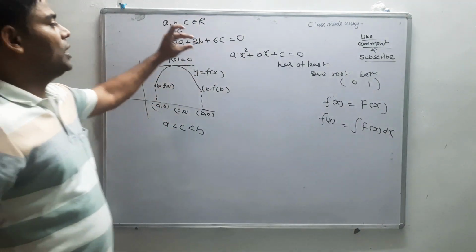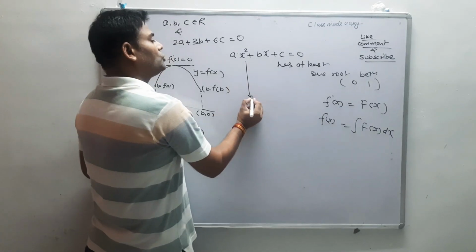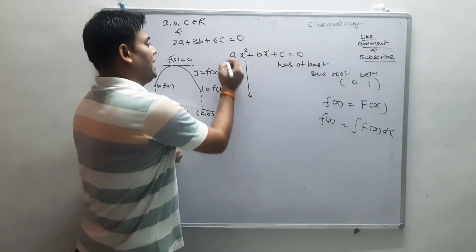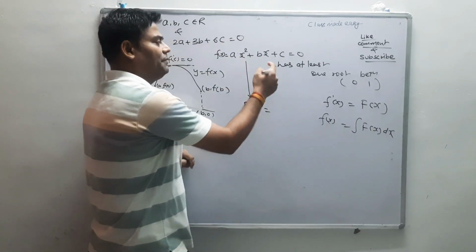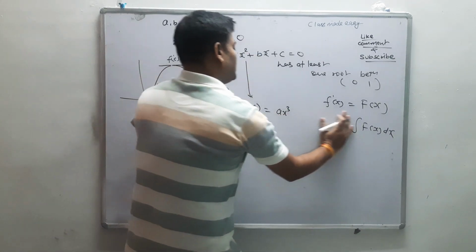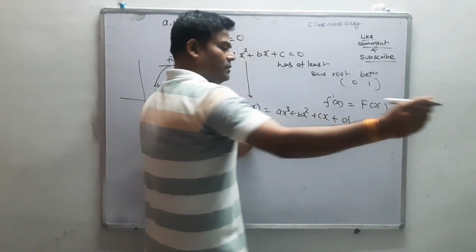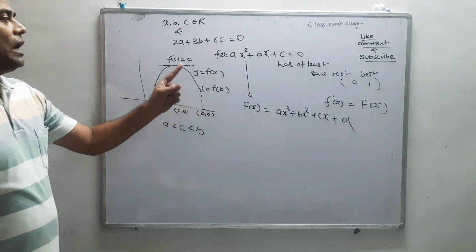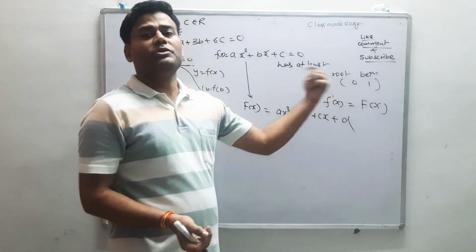Okay, so now this quadratic is there, one condition is there. If I integrate that, suppose this is small f of x, and the integral of that is capital F of x, which is ax cube by 3 plus bx square by 2 plus cx plus a constant d. Now we have to prove that its differentiation has a root between 0 and 1.